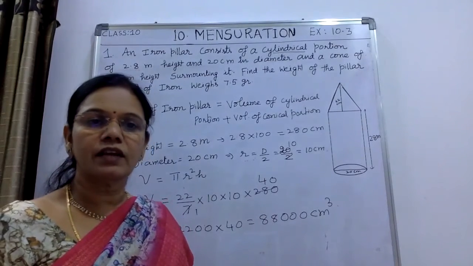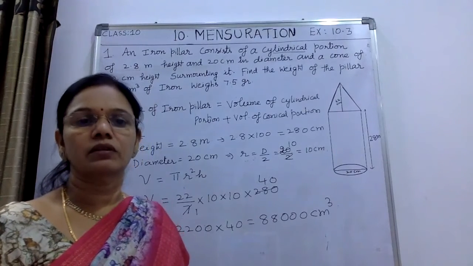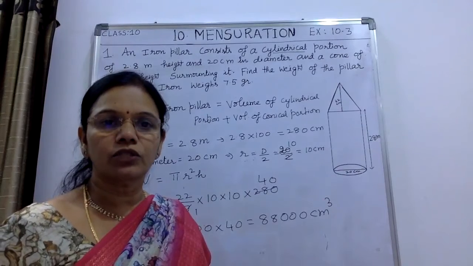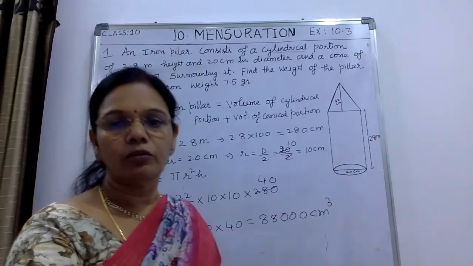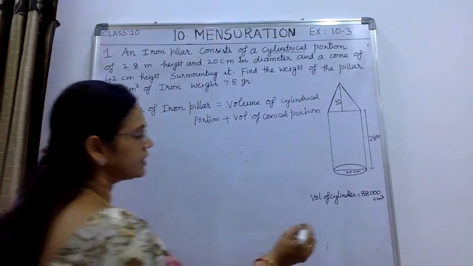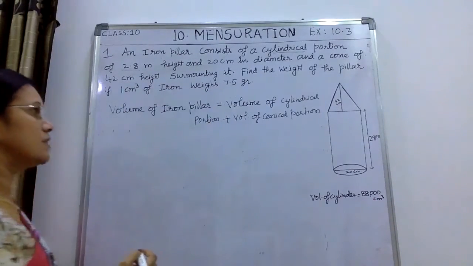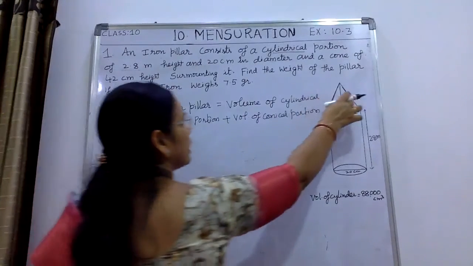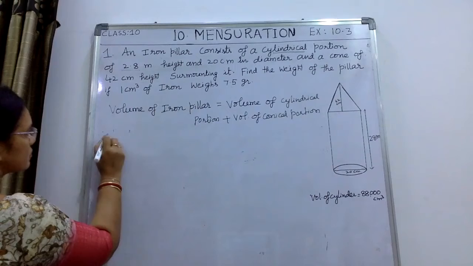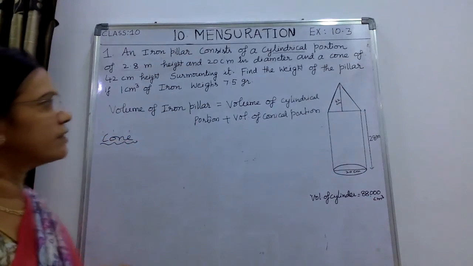What is our next calculation? We need to find the volume of the iron pillar's conical portion. So let us find the volume now. We have noted the volume of the cylinder as 88,000 centimeter cube. Now let us find the volume of this conical portion. What are the measurements given here?